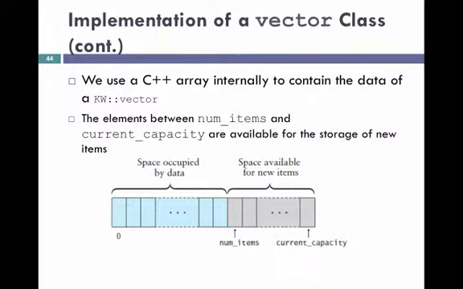And the elements between num_items and current_capacity are what's available. So the gray area here represents space to add new items. The blue area would be the space that's occupied by data. And that distinguishes the meaning of num_items from current_capacity. So stop and study that definition until it's clear for you before you continue on.